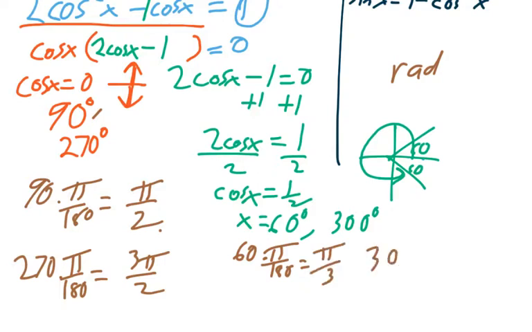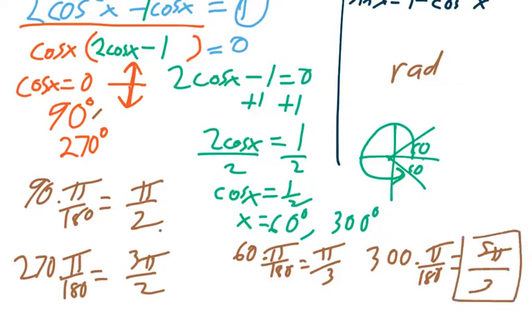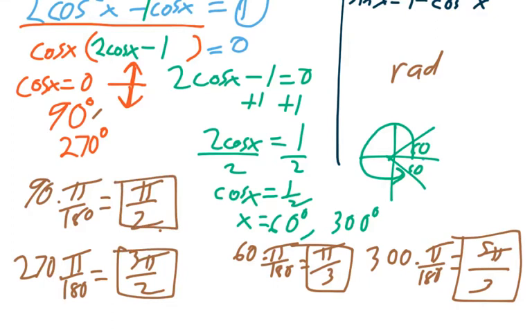And 300 times pi over 180 is 5 pi over 3. 1, 2, 3, 4 answers for radians, and 1, 2, 3, 4 answers if we wanted it in degrees.